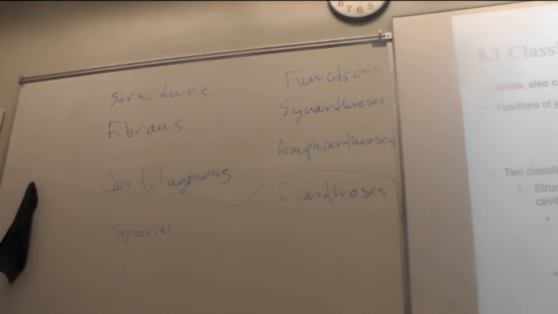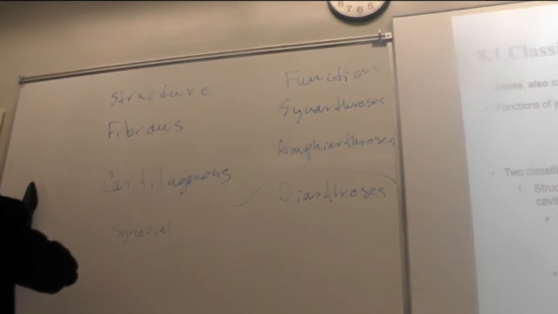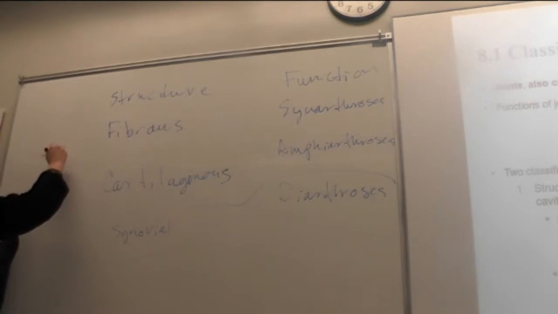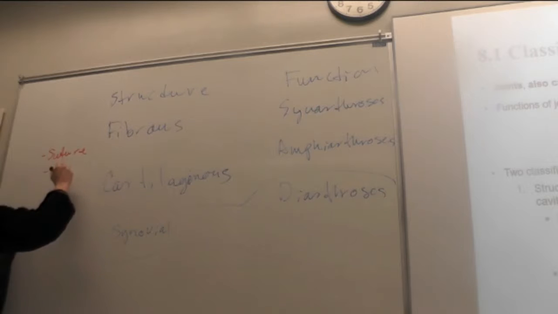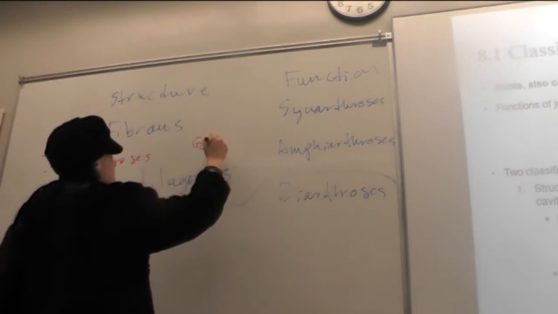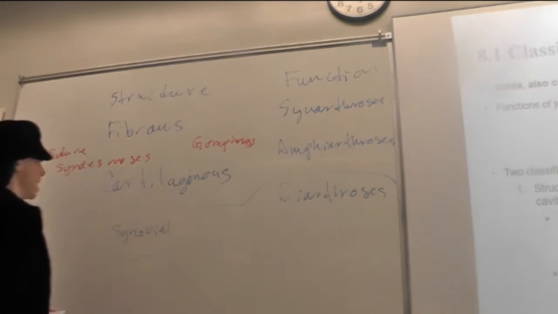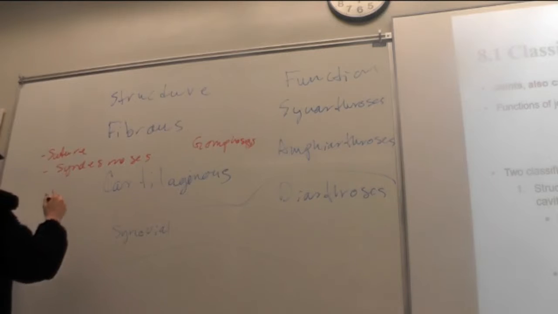So, fibrous joints. What are our 3 types of fibrous joints? Suture, syndesmosis, and gomphosis. Okay. What are our 2 types of cartilaginous joints?